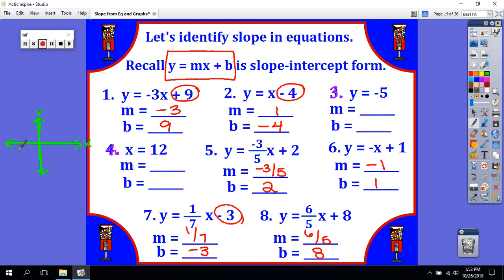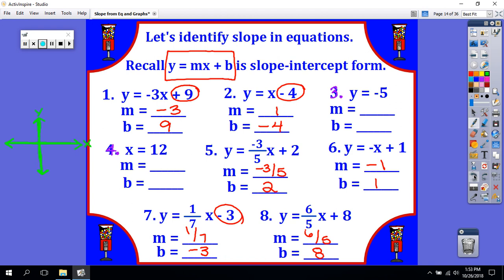Maybe they cross up here, or maybe it's a line that crosses down here, or they could be a line that goes this way really steep, or this way not so steep. But they are all going to be kind of diagonally crossing both axes. The other ones, the two that we've saved, they don't cross both of them. That's why they only have one of the letters.